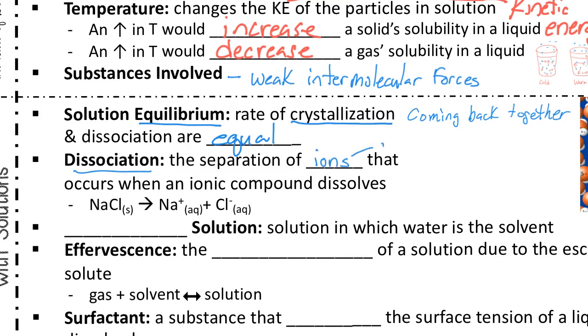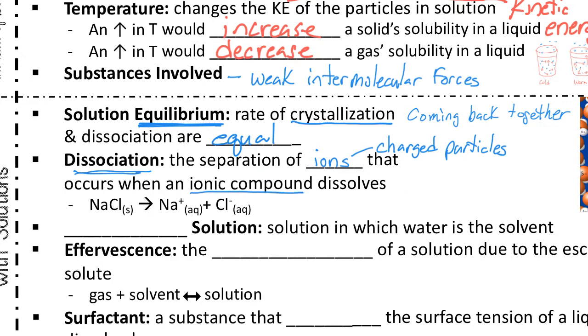Remember, ions are charged particles. So when we're looking at solution equilibrium, the rate that things are coming back together and forming a crystal is going to be equal to the rate that things are breaking apart, dissociating and separating into ions.